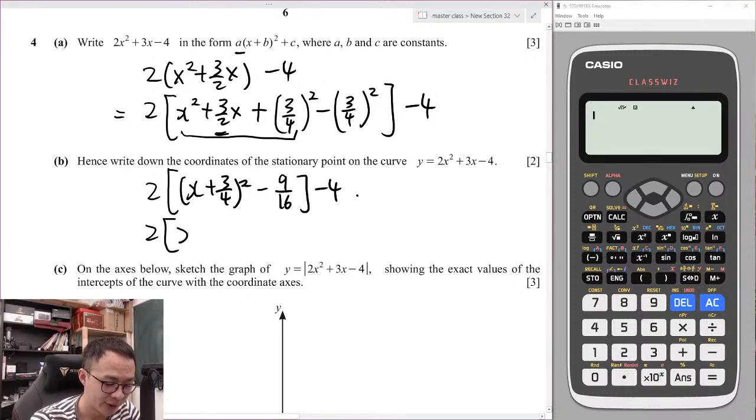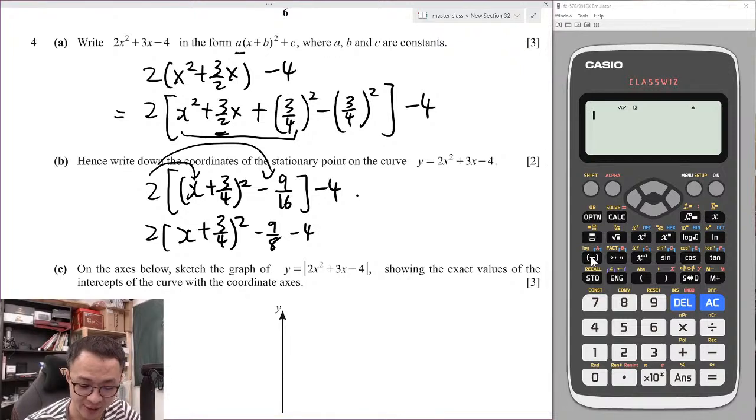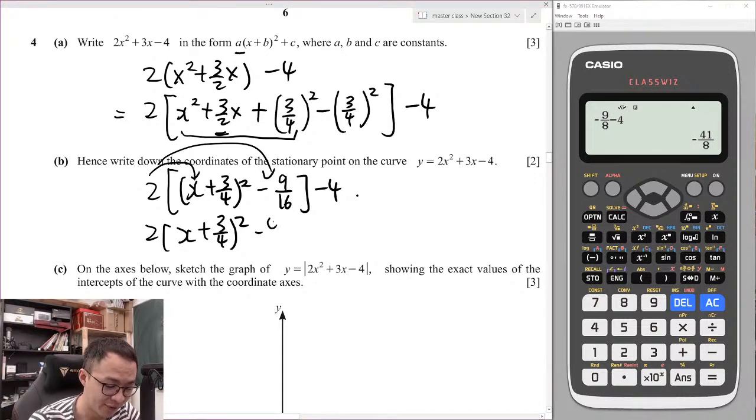So yeah, (x plus 3 over 4) square. I multiply 2 into both. I multiply 2 for the first one, for the second one. This is minus 9 over 8 minus 4. Then negative 9 over 8 minus 4 is negative 41 over 8. Okay, so I will just change this one into negative 41 over 8.